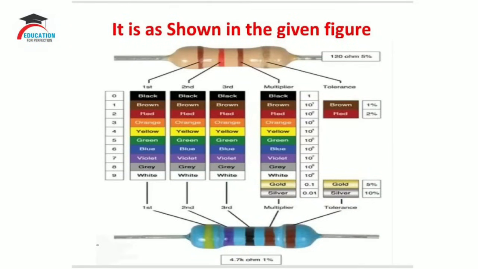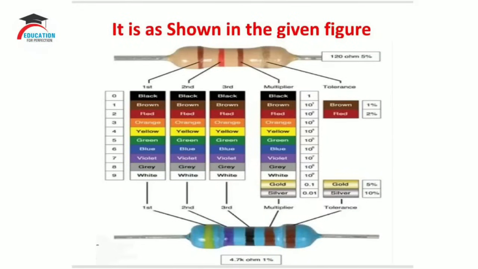Similarly, number 2 represents the color band red, 3 represents orange, 4 represents yellow, 5 represents green, 6 represents blue, 7 represents violet, 8 represents gray, and 9 represents white.